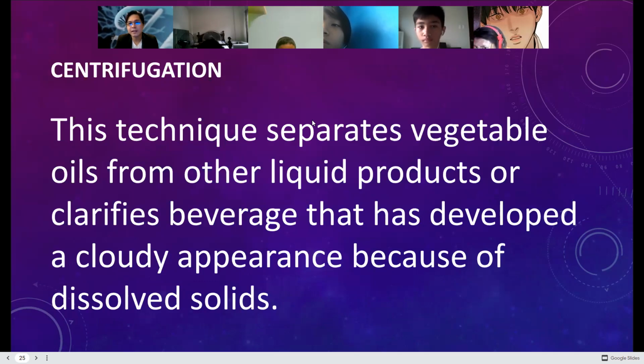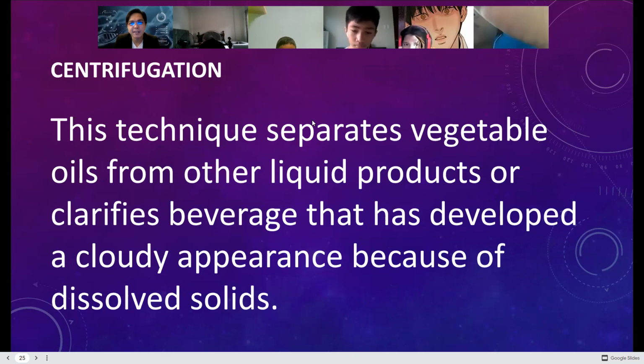Other means, like if you're going to separate liquids, this is the technique that separates vegetable oils from other liquid products, or clarifies beverages that have developed a cloudy appearance because of dissolved solids. So they usually use centrifugation.